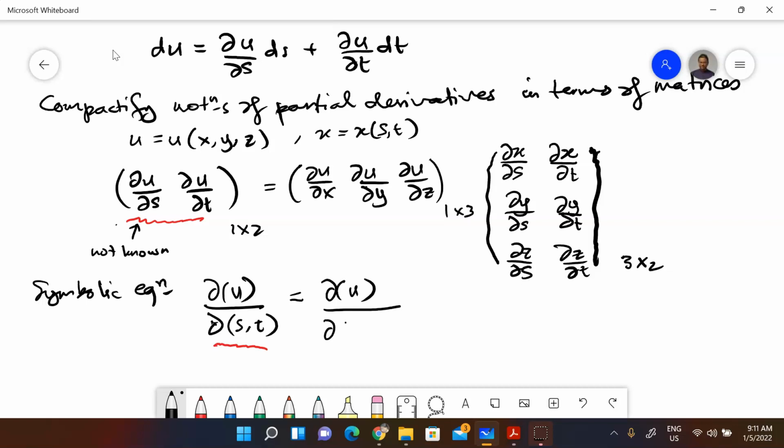It's x, y, and z. And what about this? What are the functions? The functions are x, y, and z. And what are the variables? The variables are s and t. So in a way, you can see this as a generalization of the chain rule.